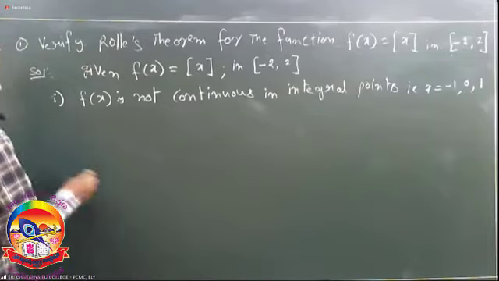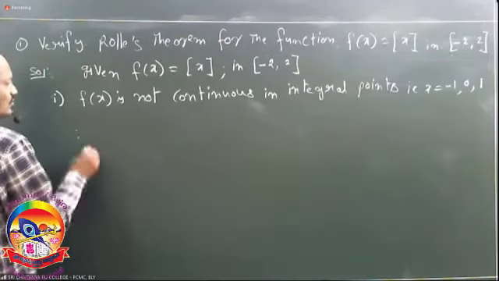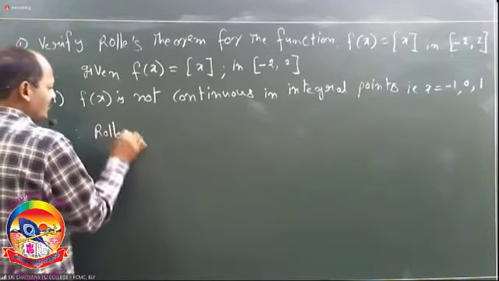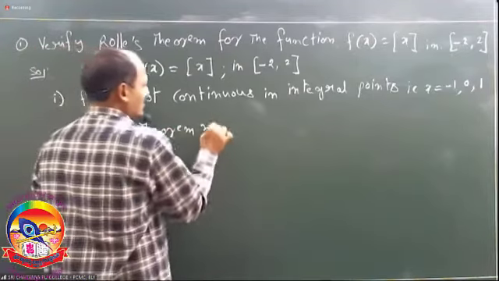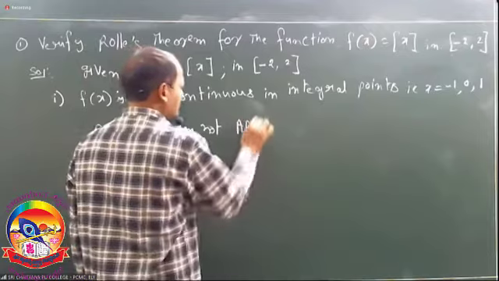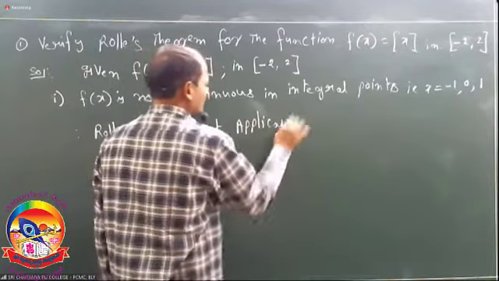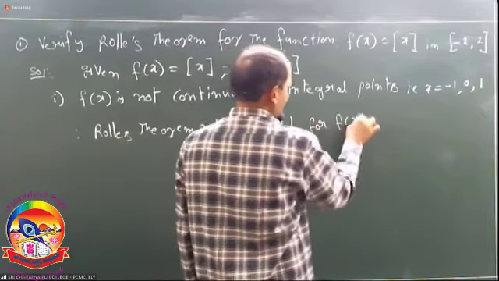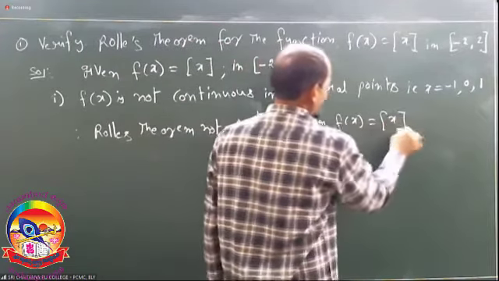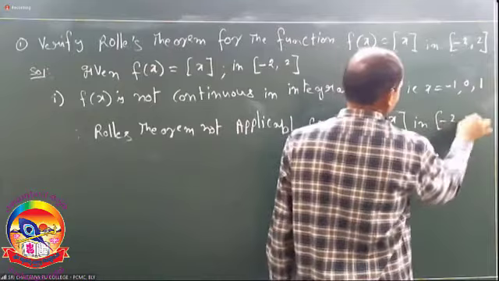So it is discontinuous. Therefore, Rolle's theorem is not applicable for f of x is equal to step of x in minus 2 to 2.